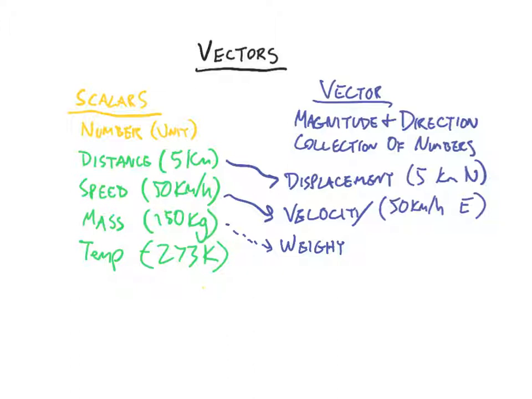So for example, 130 newtons down, and then there is no vector for temperature. And of course there are other quantities that can be vectors as well. And in the upcoming videos we'll be talking about how we can represent vectors both mathematically and graphically.